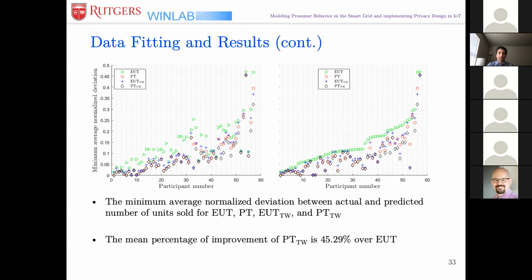And again, participants are ordered from those participants who made the fewest number of sale days in the grid to those who made the most on the left, and participants are ordered based on EUT results on the right.